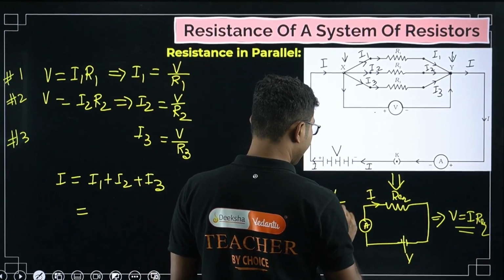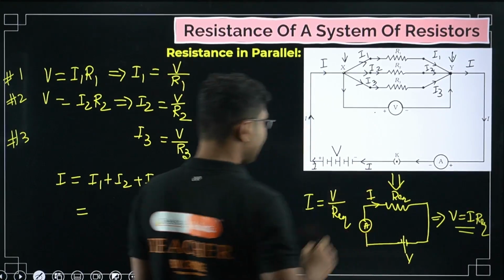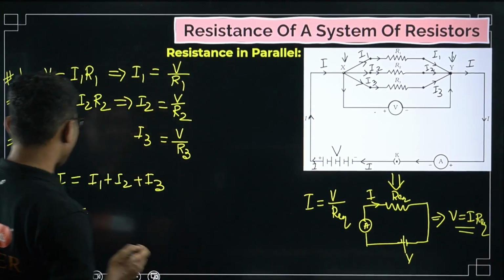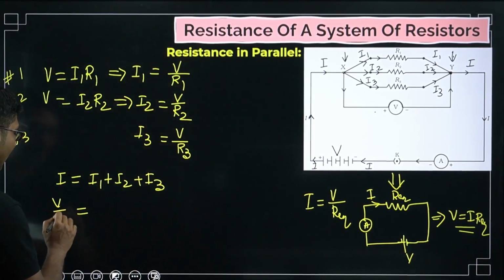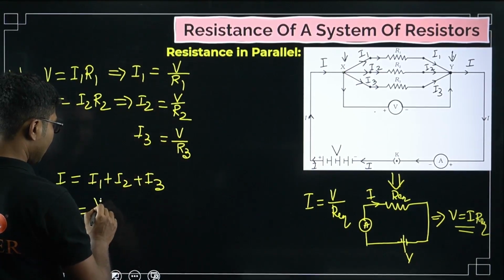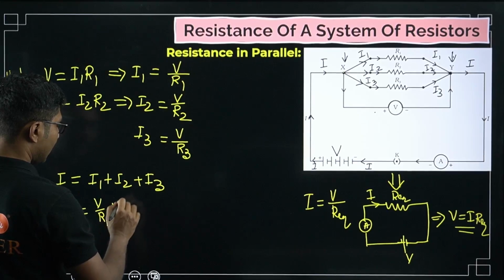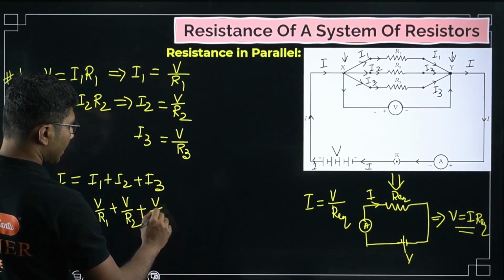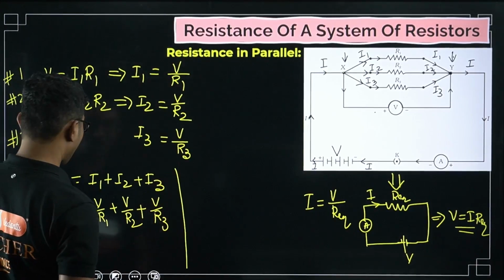How you are treating it, that will change. For example, in the previous case we directly inputted the value of V. In this case we are using the value of I. So V divided by R equivalent equals I1, which is V by R1, plus V by R2 plus V by R3. Now take V common.